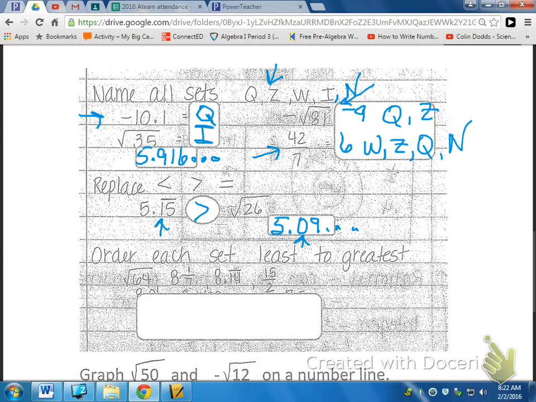All right, we're also looking at ordering sets from least to greatest. So we've done this before where you have to take those numbers and divide them out or figure them out so that you can compare them by decimal. What can we do with the square root of 64? Anybody know what that is?